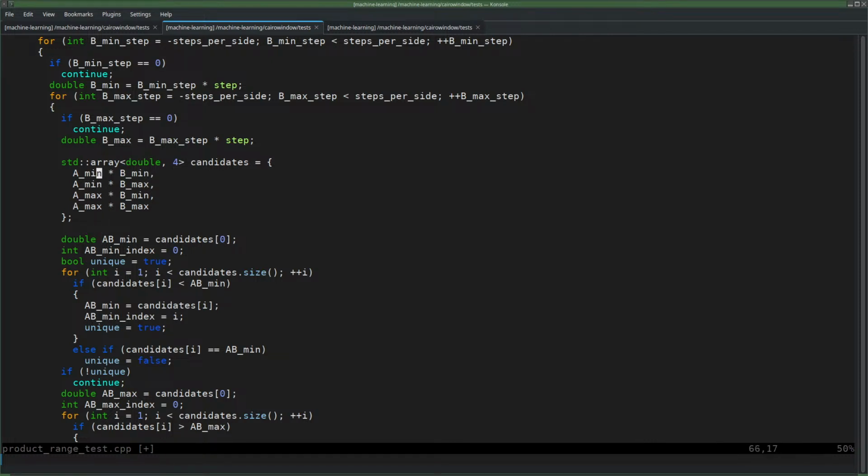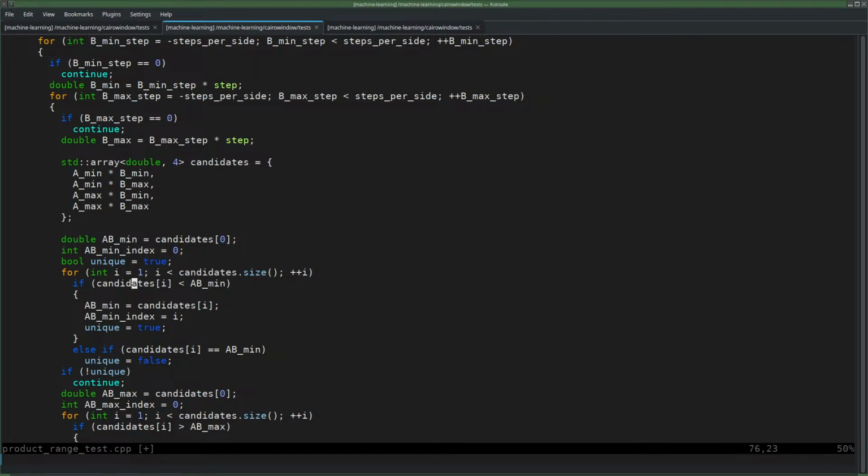Well, the minimum would be the minimum of these four. Maybe I should have sorted. So it's either the one at index 0 or the one at index 1 or higher.